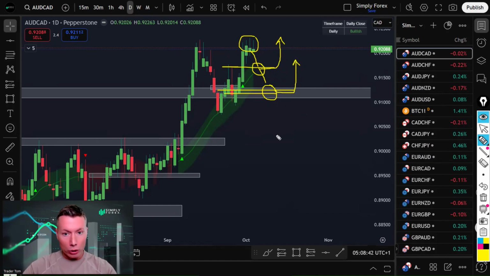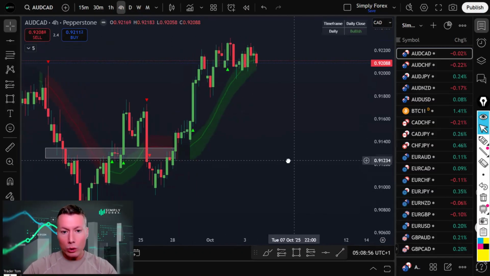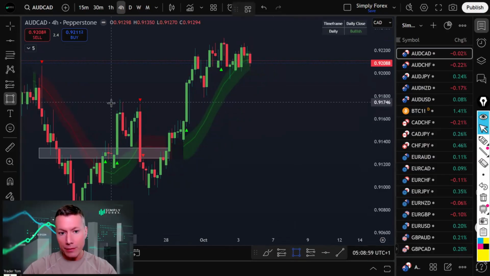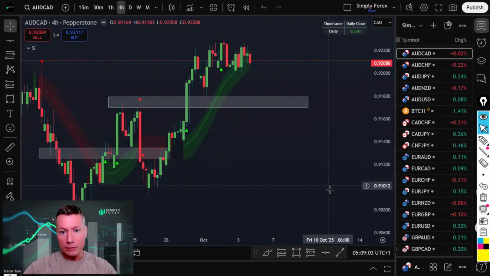All right, so Aussie dollar, Canadian dollar, that's Aussie dollar strength, but we're also seeing Canadian dollar weakness as well. Yeah, and if we look at that on the H4, just to give you a more detailed look, what you have to bear in mind is this is that level I'm talking about, right? You can clearly see prices reacting through here, right?